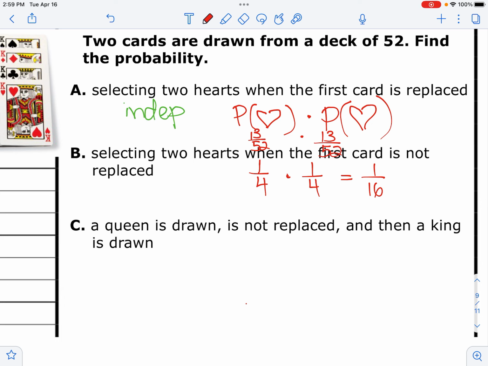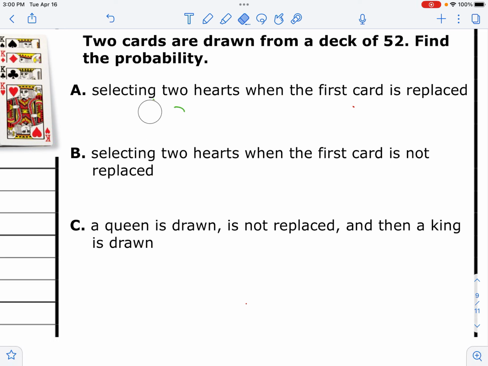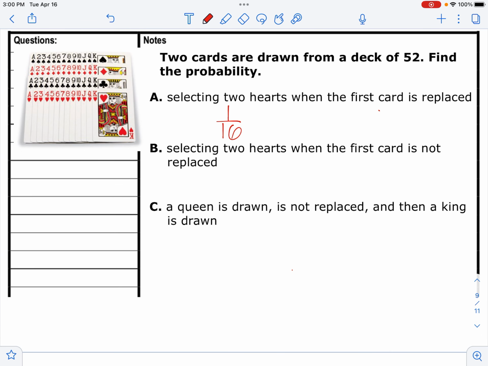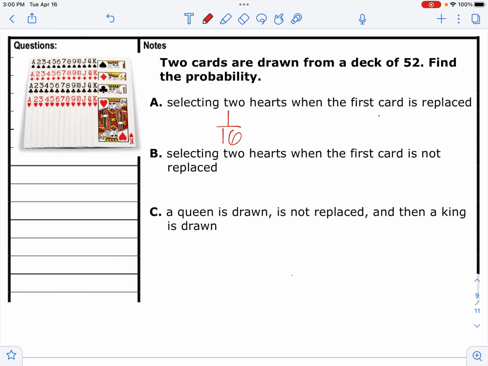Okay, now selecting 2 hearts when the first card is not replaced. So we already know that the first time you draw is 13 out of 52.